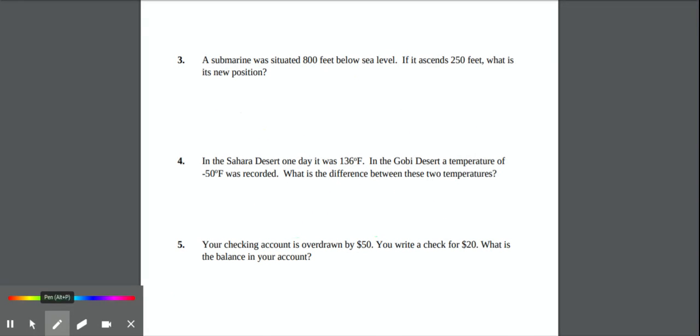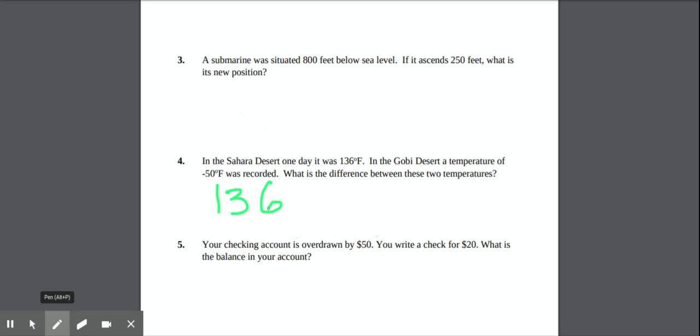Okay. Got some vocabulary here. First things first. We got 136. It's a positive 136. Then the other one's negative 50, but it says, what's the difference?